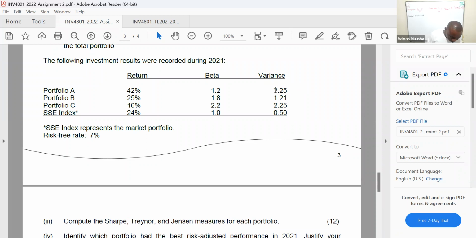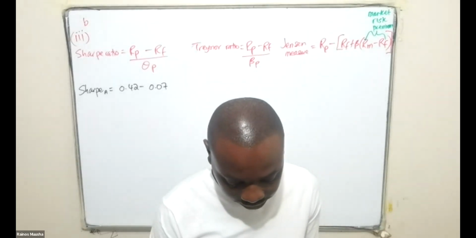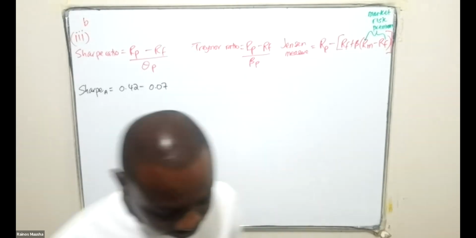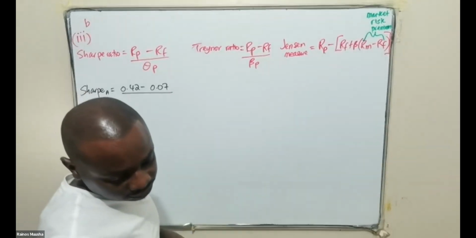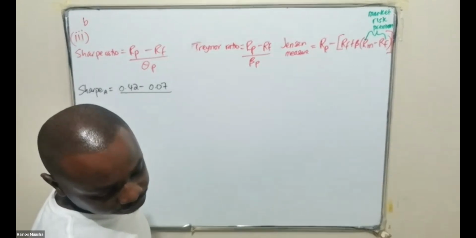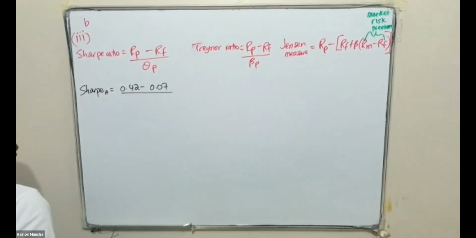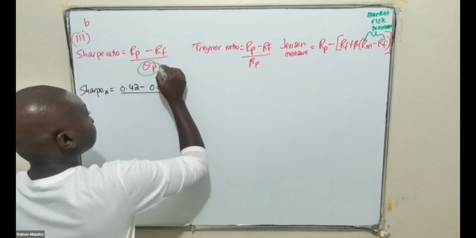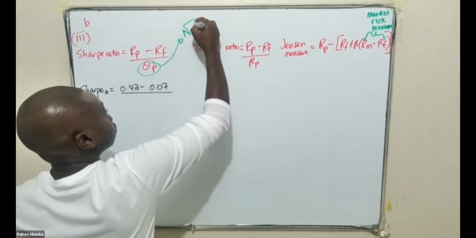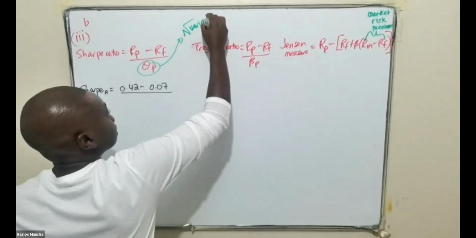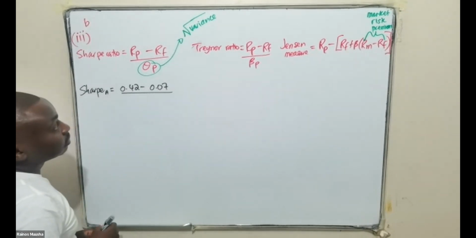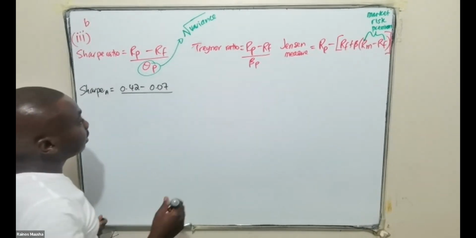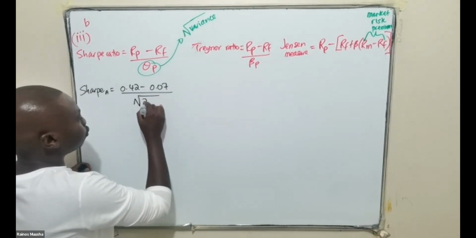Okay, I'm not sure what was happening here. So if they give you the variance, remember the variance was given as 2.25. We know that the standard deviation is the square root of the variance, which means in this case it's going to be the square root of 2.25.